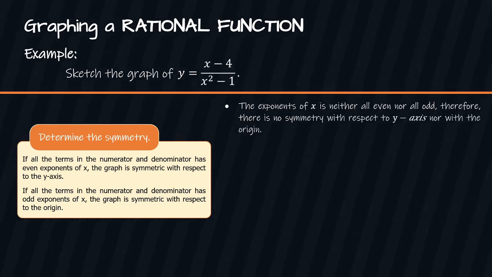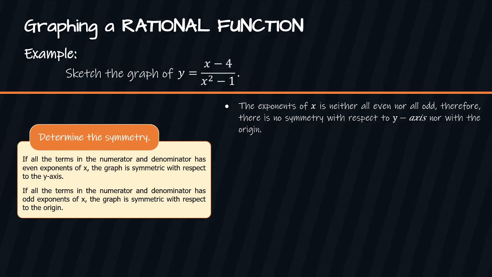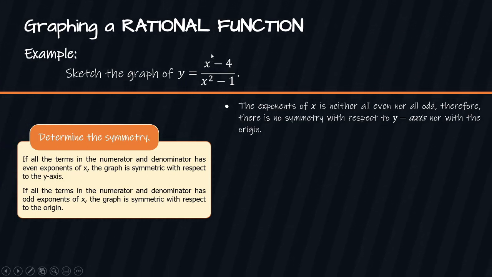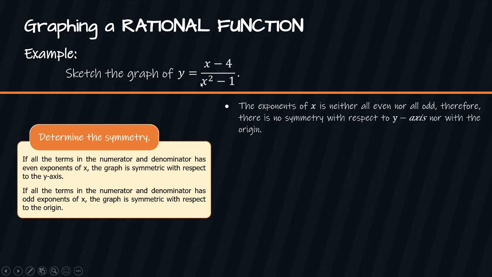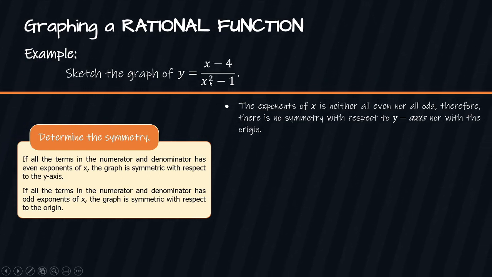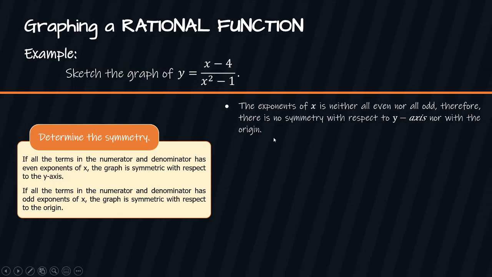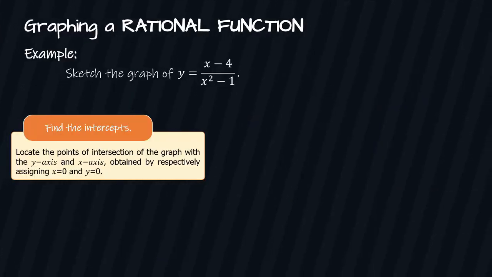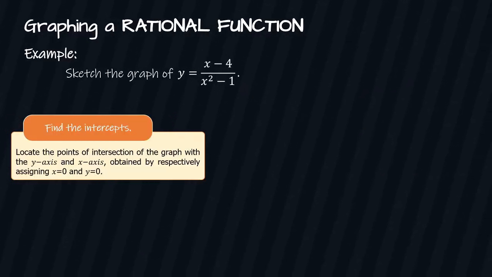Therefore, there is no symmetry with respect to the y-axis nor with the origin. So for the numerator, we have an odd exponent, and the denominator, we have an even exponent. So we then proceed to the next step. We find the intercepts.